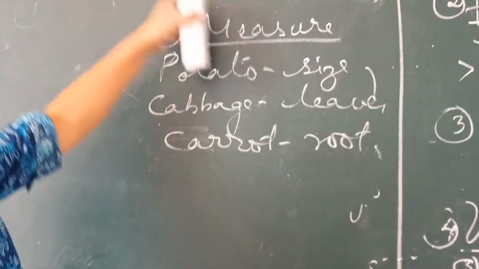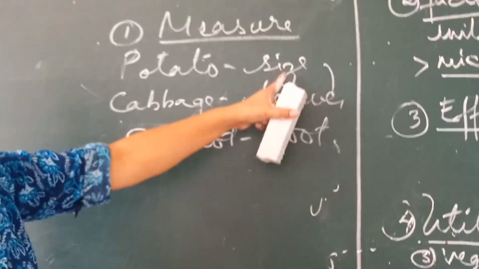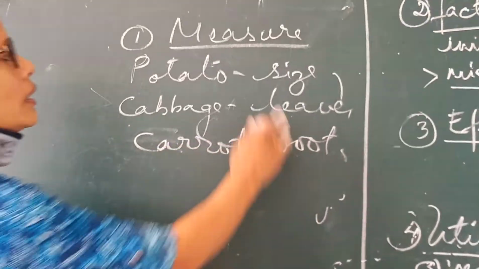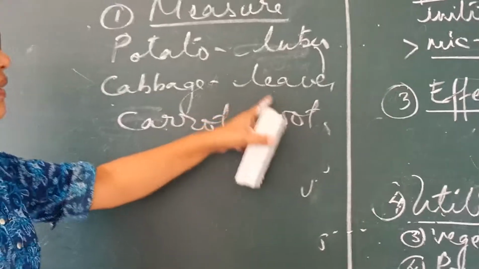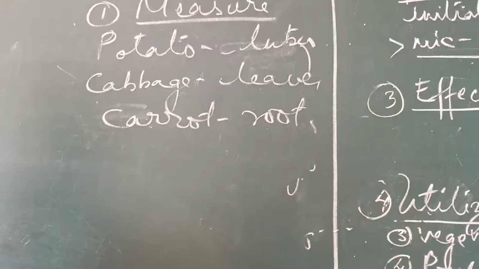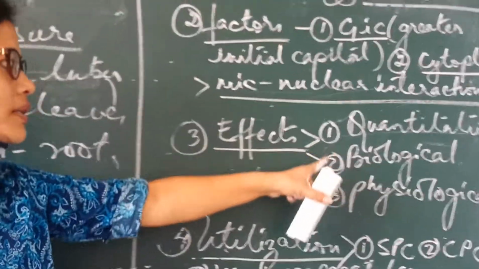That's why heterosis is exhibited in the parts of the plant. It can be the tuber, the leaf, the root, it can be even the size of the flower. That is where heterosis is exhibited, and that is known as quantitative effects.